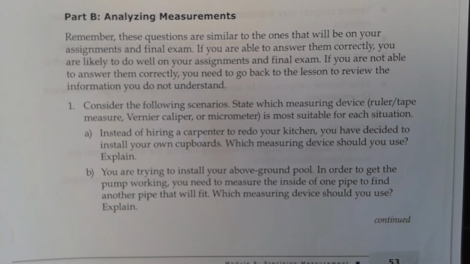You are trying to install your above ground pool in order to get the pump working. You need to measure the inside of one pipe to find another pipe that will fit. What should you use? Should be obvious that you're going to use a linear caliper. You're measuring the inside. It's the only instrument that you can really use to accurately measure internal.